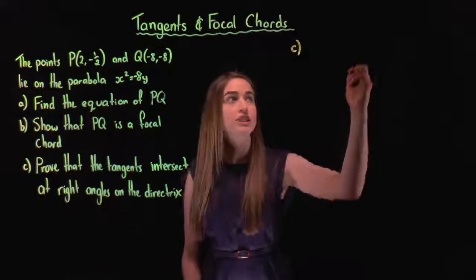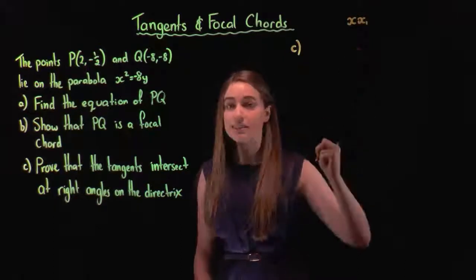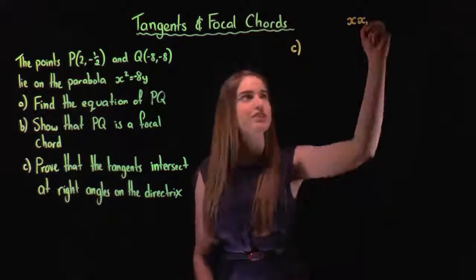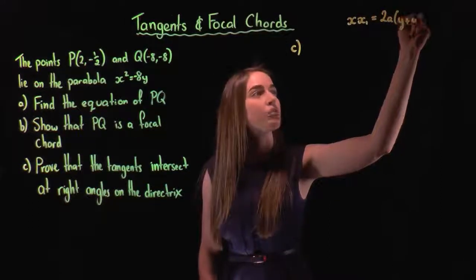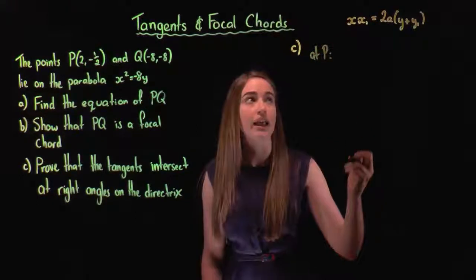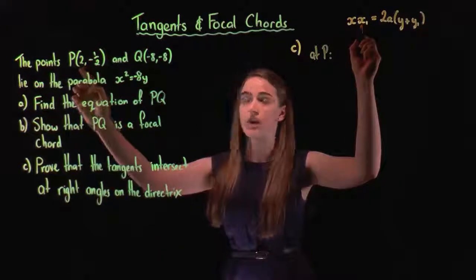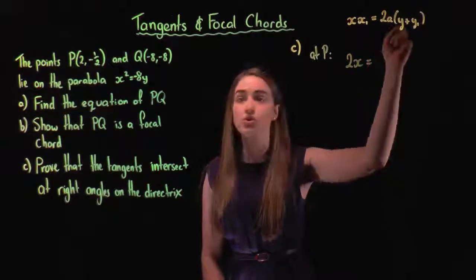From our video on tangents, we know that a tangent has equation x x1 = 2a(y + y1). At P, the tangent has equation x x1, so x1 was 2, so it'll have equation 2x = 2a(y + y1).